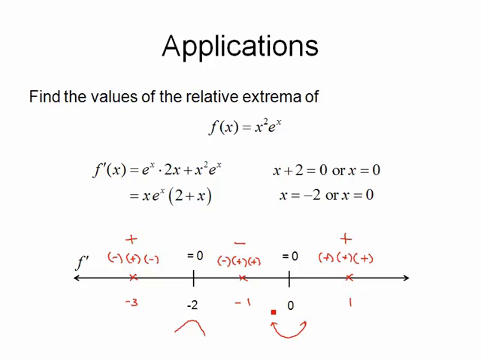So I now know the location of each one, and if I need to know the y value, then I'd go ahead and plug negative 2 back into the function and get the value for that, and I'd put 0 back into the function and get the value for that. You can go ahead and put those into your calculator and get those values yourself.